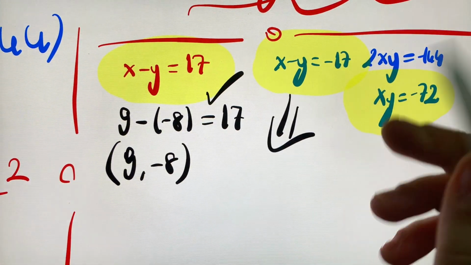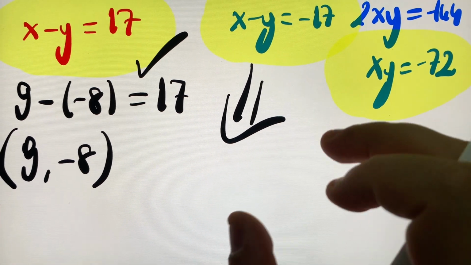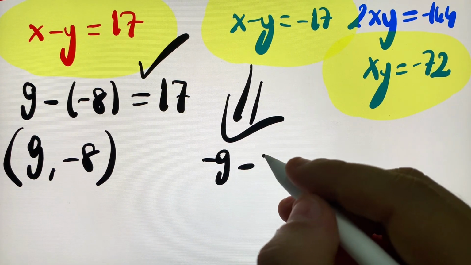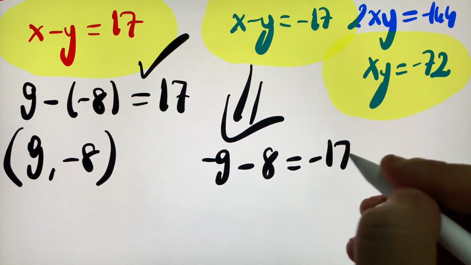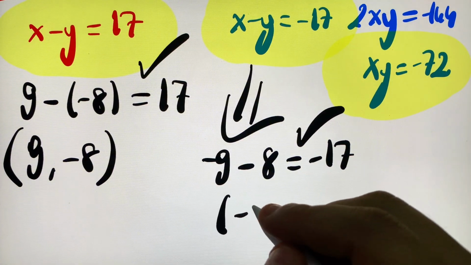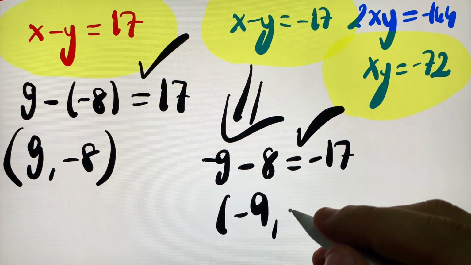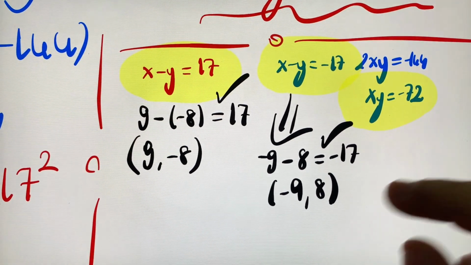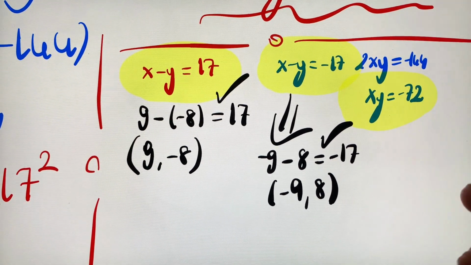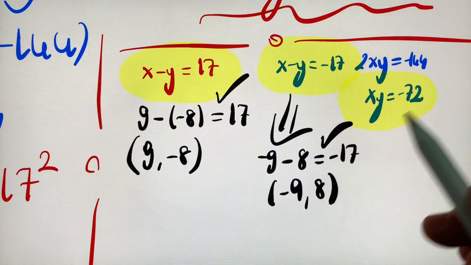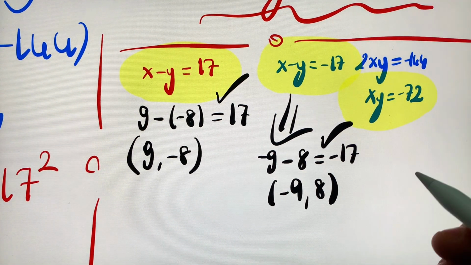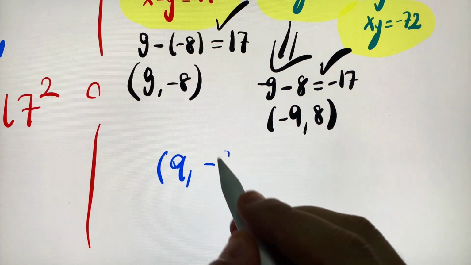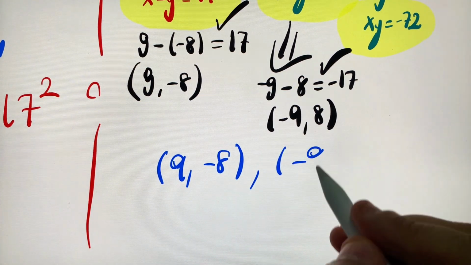If we pay attention, subtracting them from each other, minus 9 minus 8 would be equal to minus 17. Yes, then minus 9 and 8 also arrives. The product can take many values, but at the same time I need to find values that meet these conditions. Our answers are 9, minus 8 and minus 9, 8.